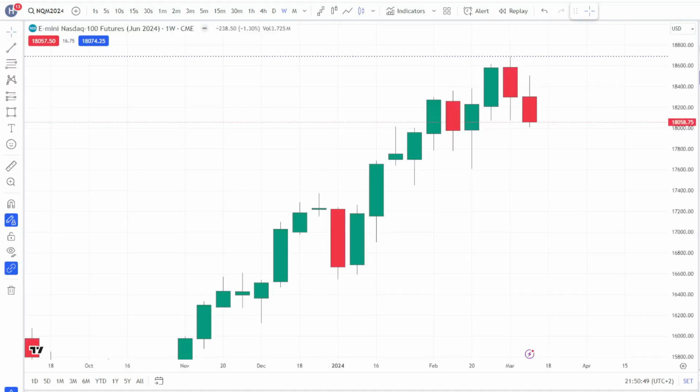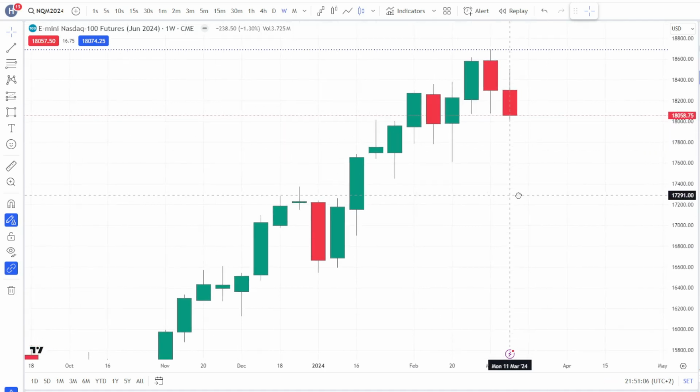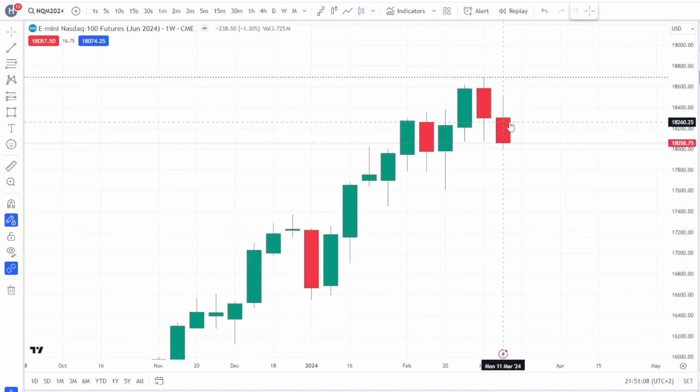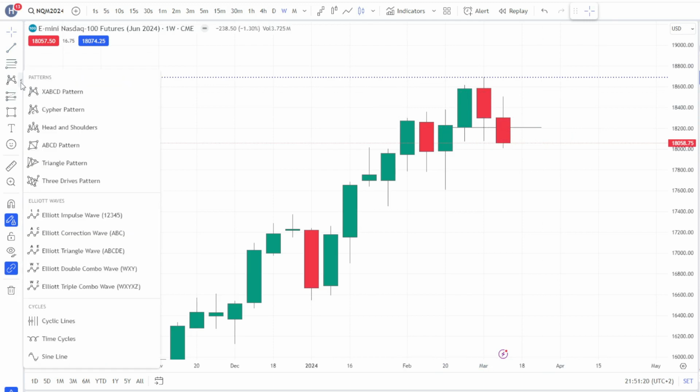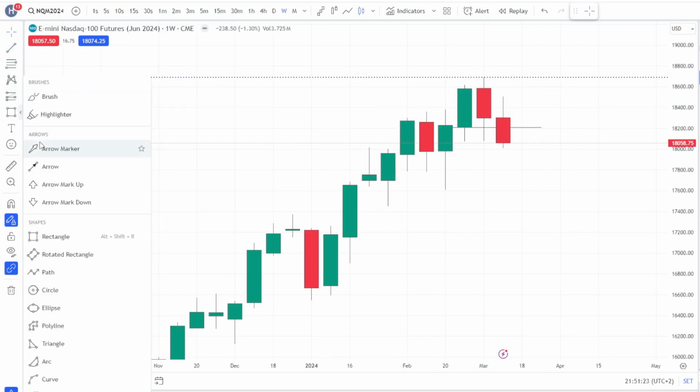Here we are. So, on the weekly chart, when we look at this, we absolutely had a bearish move, and let's see why. First of all, price did close below this low, which means to me that the price is absolutely going to drive lower.